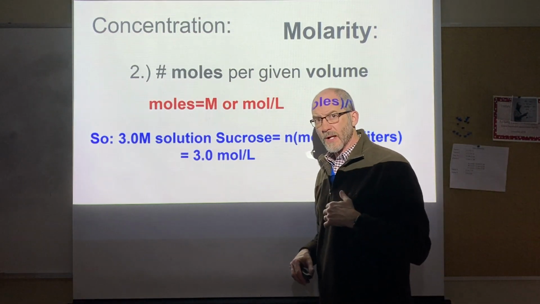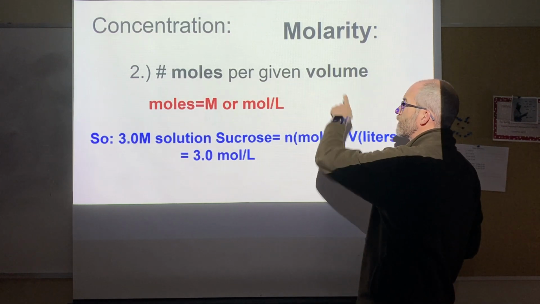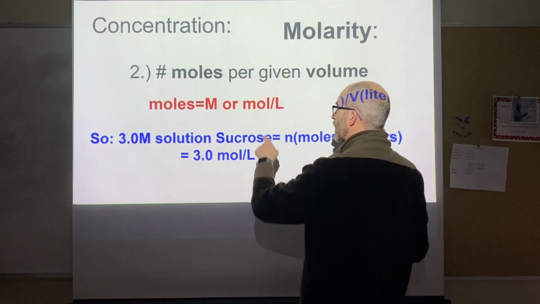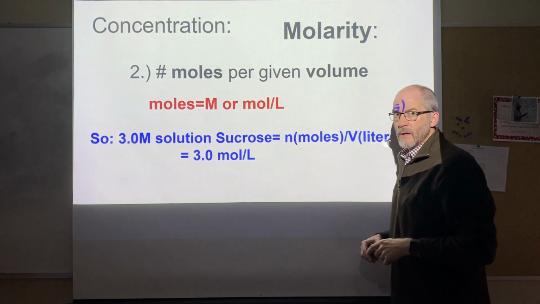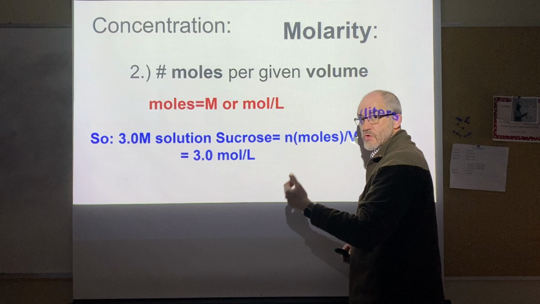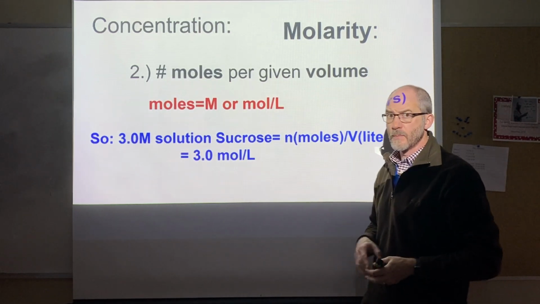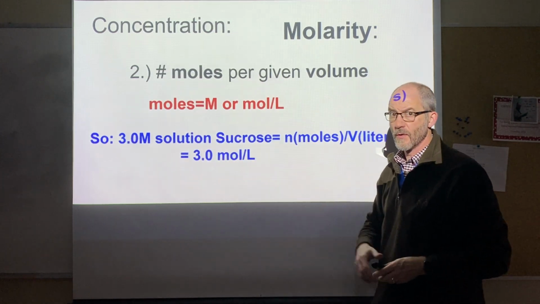A second way that we're going to dwell on a little bit here in a minute. Well, you might look at moles per given volume. So you might look at moles per liter. So if you had a 3 molar solution of sucrose, which is sugar, that really means that you would have 3 moles per liter.